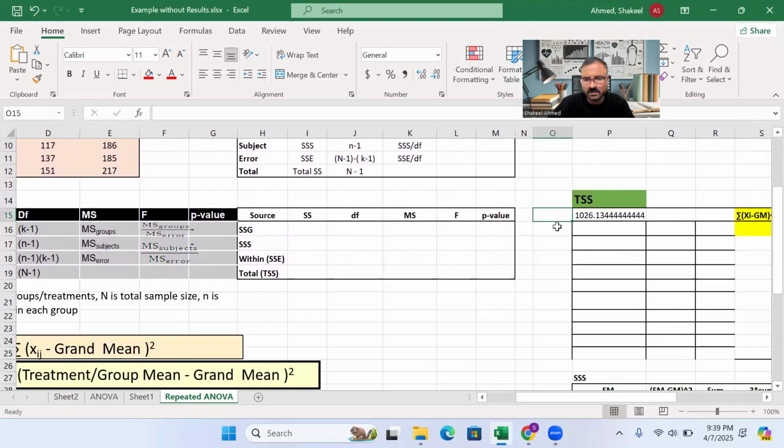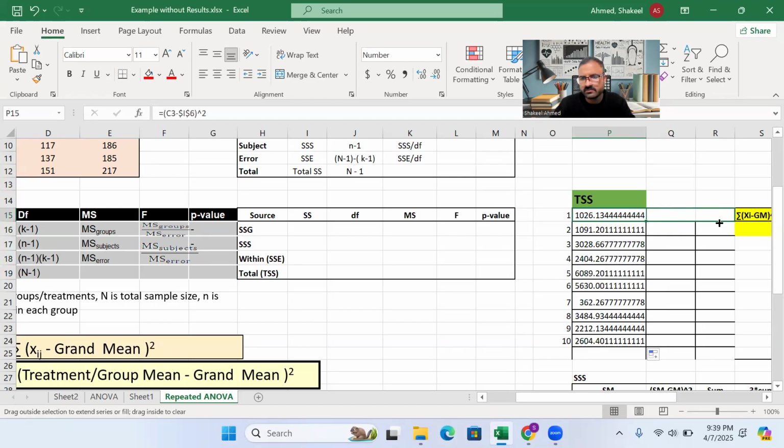You can give the identity 1, 2, 3 up to 10, drag it for 10 observations, and then drag for three groups.